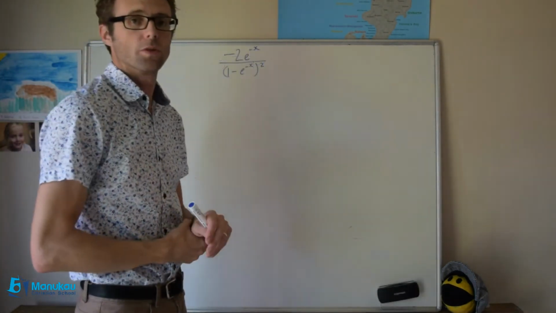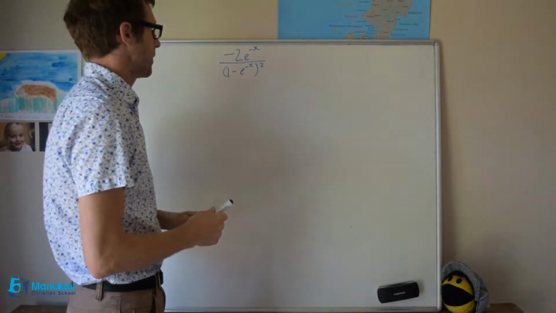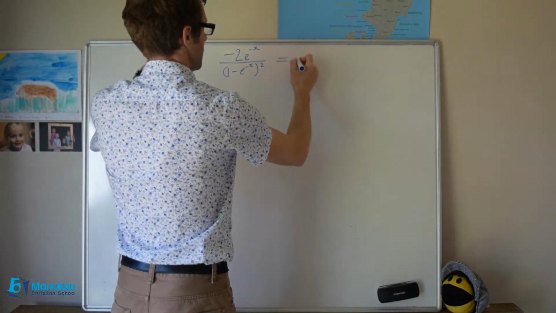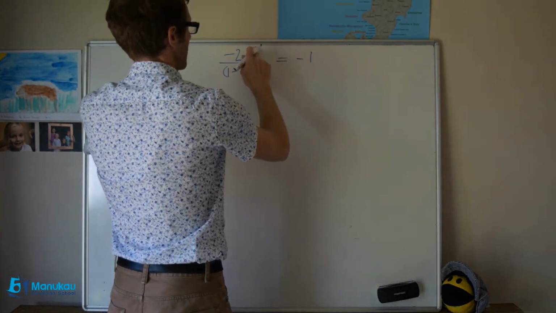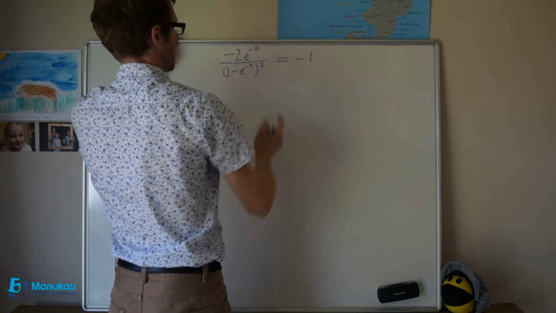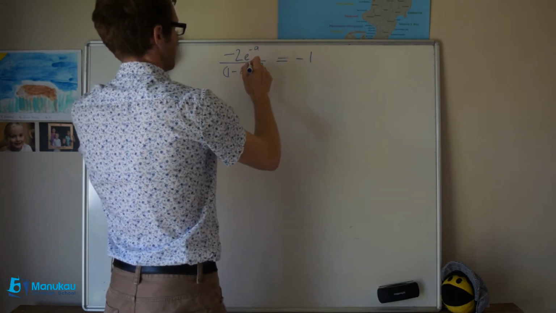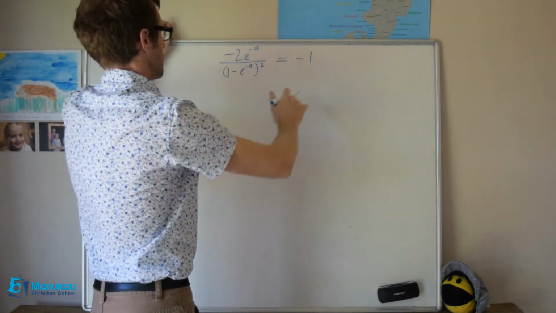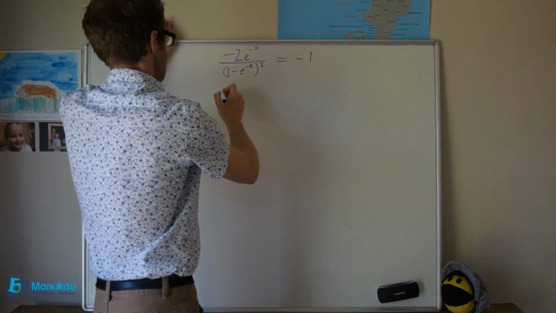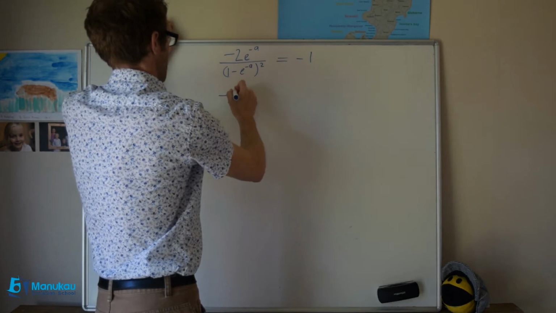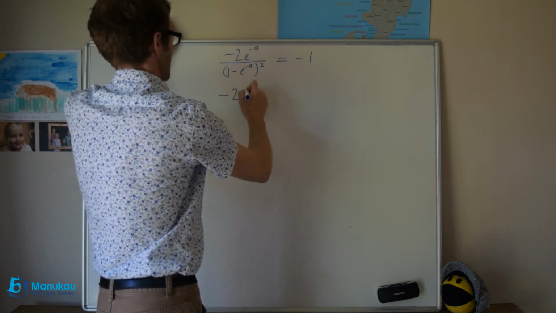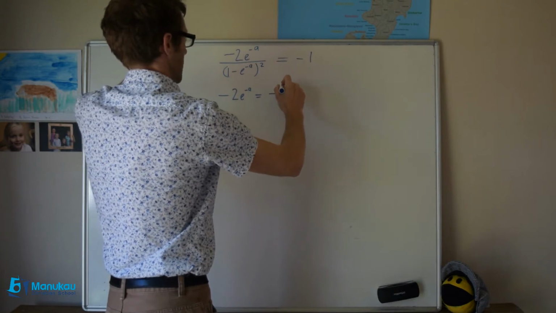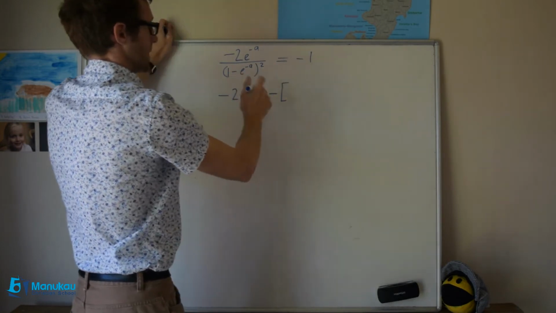Now for part 2 of this question, we are told that when x is equal to a, the gradient is equal to minus 1. So I'm just going to change my x's to a's. My next step will be to pull this across over to this side. This may or may not be the easiest way to do it, but I'm going to do it anyway. I'll put a big square bracket here and I'm going to expand this.